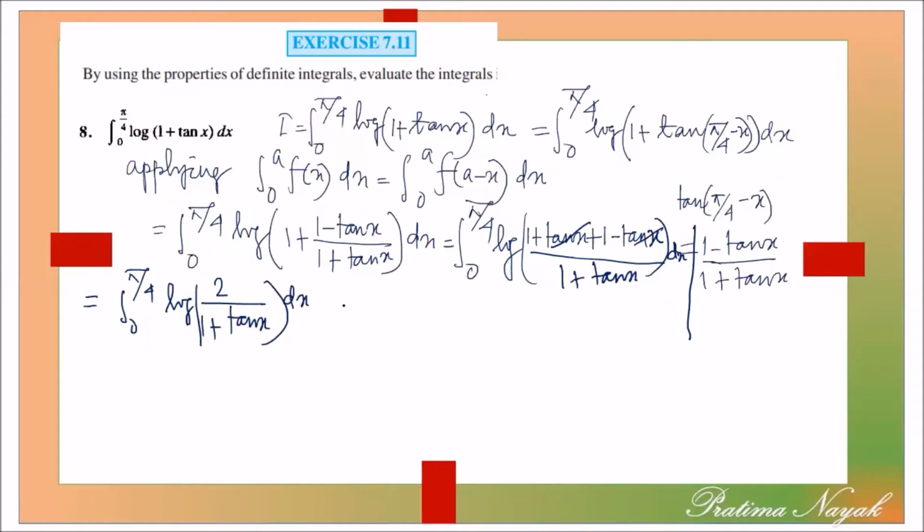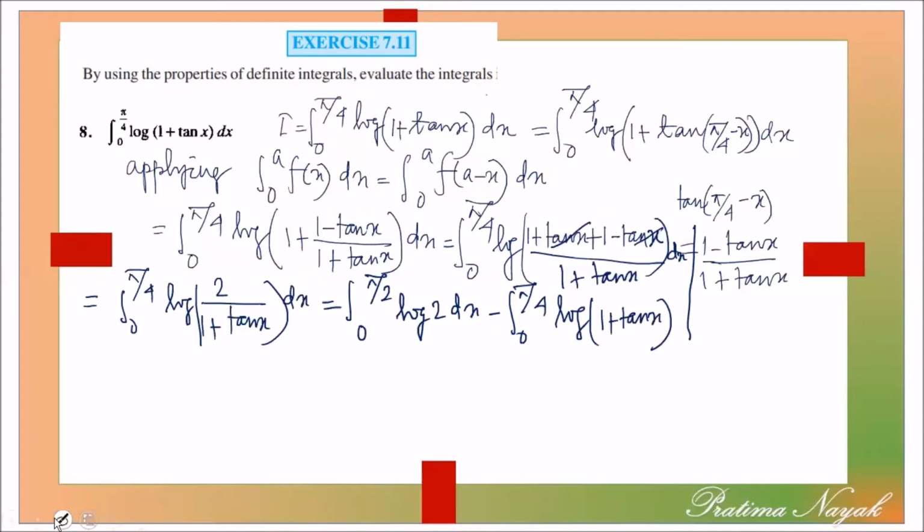So you know the properties of the log. So I can break it into 2, integral 0 to pi by 4. I can split this as 2. One is log 2 dx. Other is integral 0 to pi by 4 log 1 plus tan x dx. Now just check where we started from.